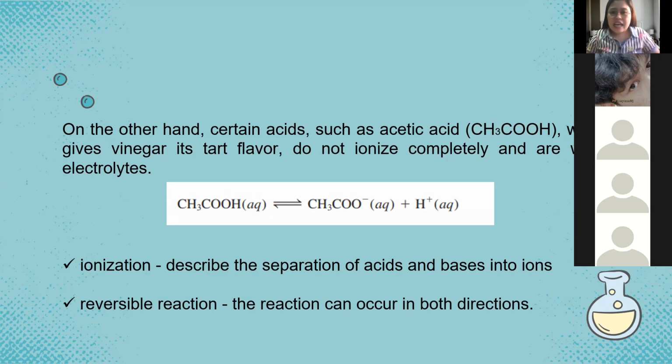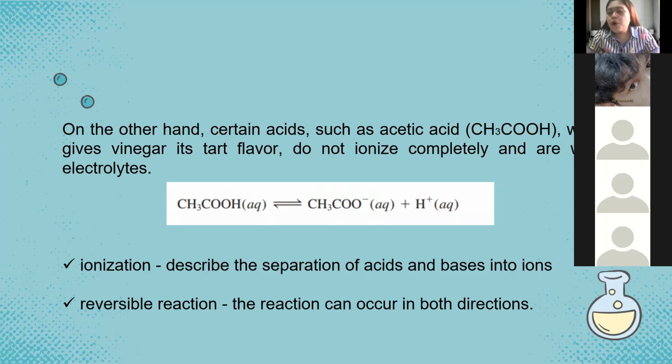And kapag nilagay natin si acetic acid sa water, kagaya ng illustration sa screen, magiging acetate ion siya. We call this acetate ion CH3COO negative, and you also have H+. So walang complete ionization. Again, nag-ionize pero hindi complete. Kaya acetic acid is a weak acid or a weak electrolyte.